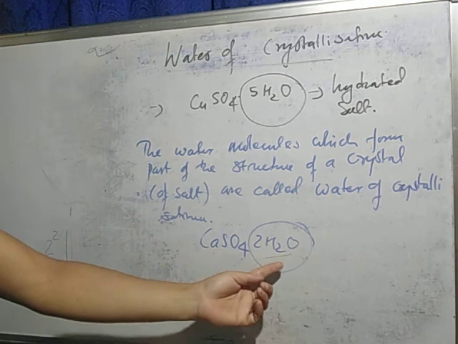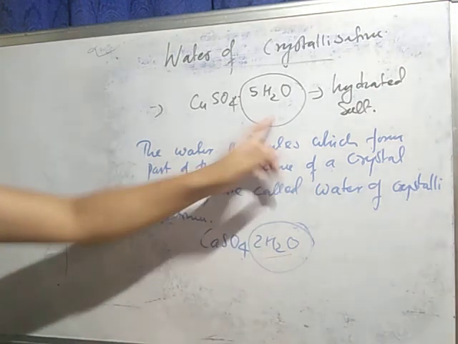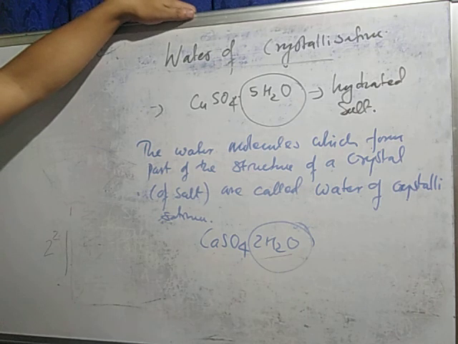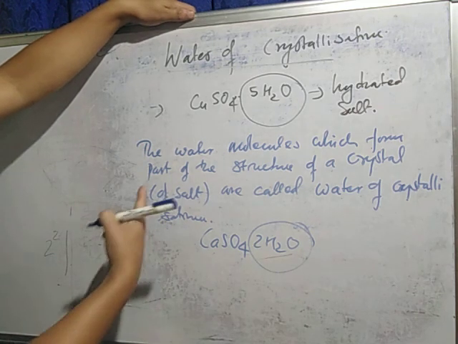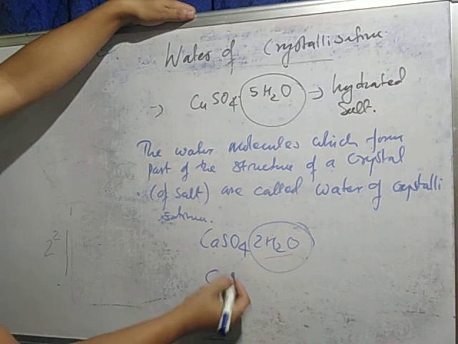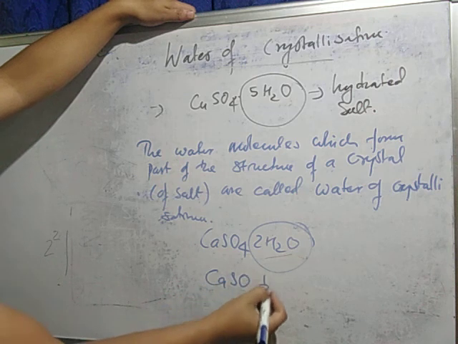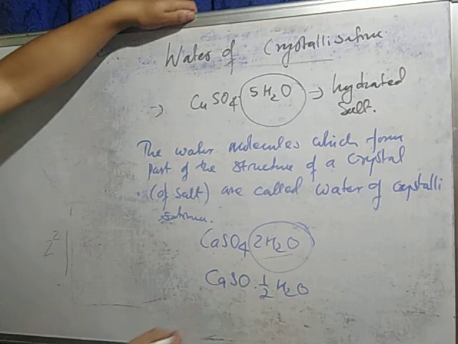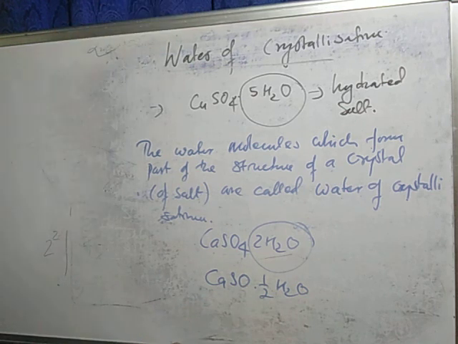It has 2 molecules of water. Next example you can take calcium sulfate hemihydrate, isn't it? This is your POP. Calcium sulfate hemihydrate. So this also has water molecules, clear.